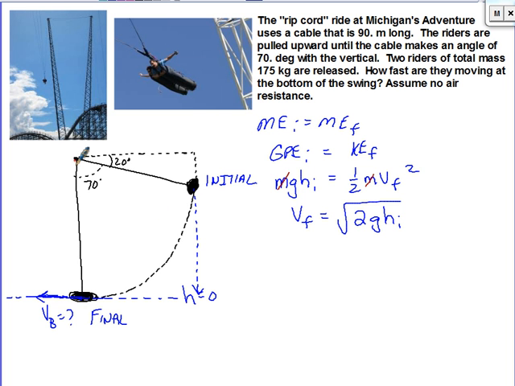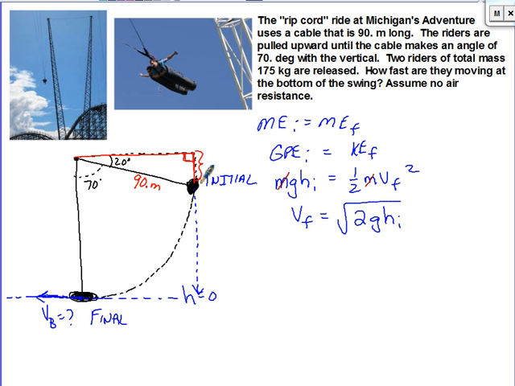Like we had before, I'm going to determine this portion right here. I'm going to draw a little triangle. That is a 90-degree angle. This is 20 degrees, and I forgot to put down that the cable length was actually 90 meters. So I'm going to use some trigonometry to find that length.